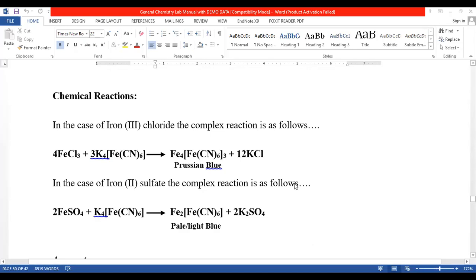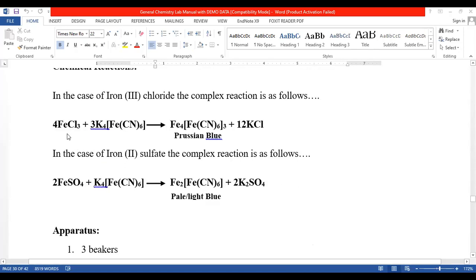Usually when an iron 3 containing compound, like ferric chloride which we have taken as the sample here, is treated with potassium ferrocyanide, a blue precipitate, Prussian blue, that means a very dark, intense blue solution, will be produced, which is the representation of the iron 3 ion.